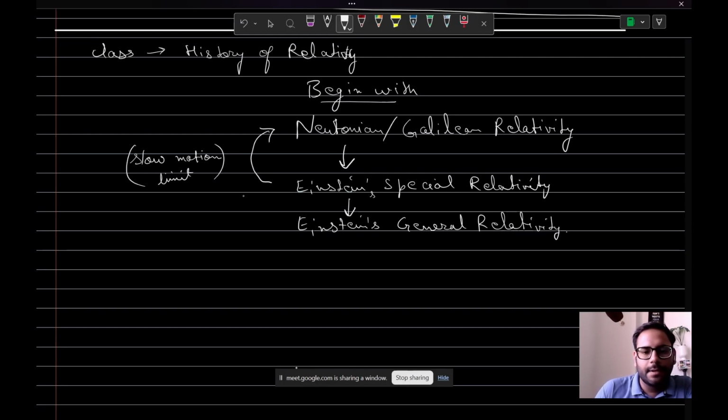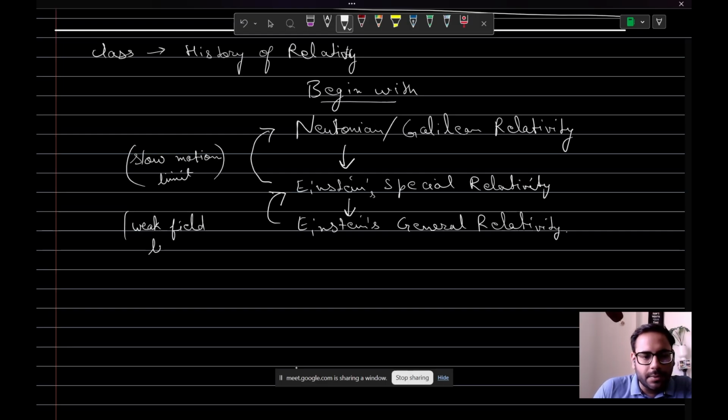Similarly, Einstein's special theory of relativity is a special case of Einstein's general theory of relativity, and the limit is called the weak field limit.